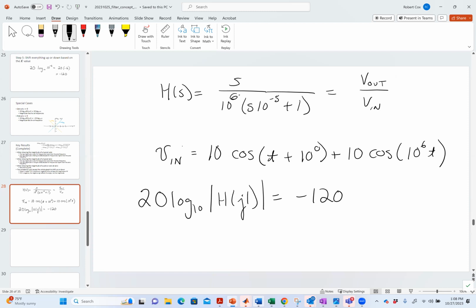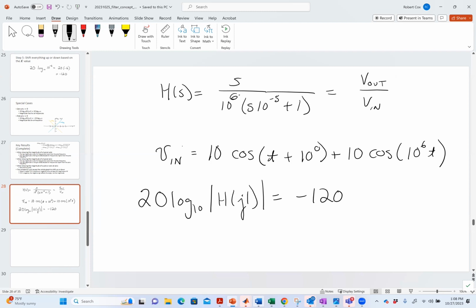Now, the fact that it's negative doesn't mean there's a phase shift or a negative magnitude. What does it mean to be negative? I took the log of a number that was less than 1. In other words, if I'm below 0, I'm making things smaller. Intuitively, that's what a negative means here: I'm taking the log of a number less than 1.